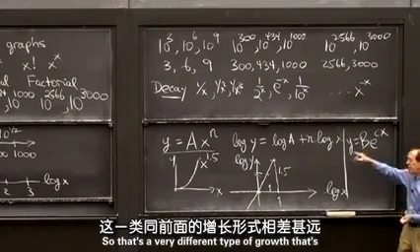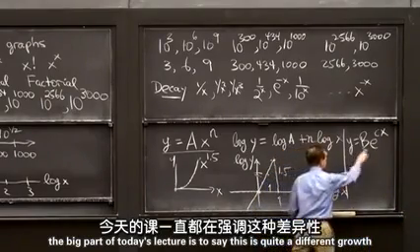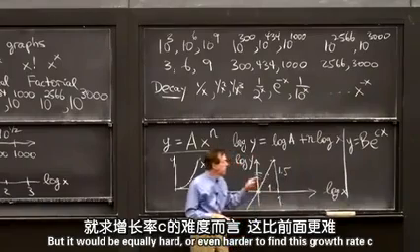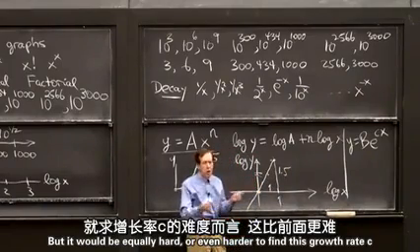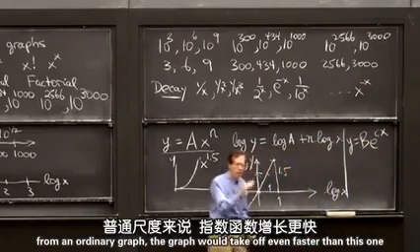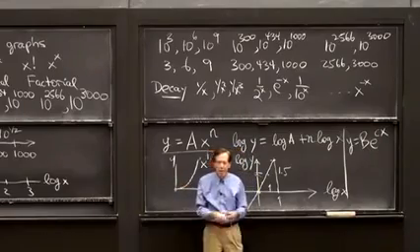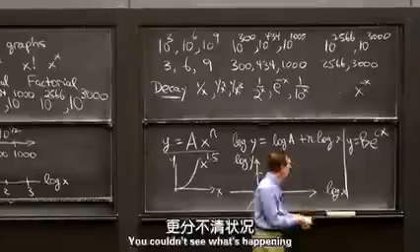So that's a different type of growth. That's a big part of today's lecture. But it would be equally hard, or even harder, to find this growth rate c from an ordinary graph. The graph would take off even faster than this one. You couldn't see what's happening.